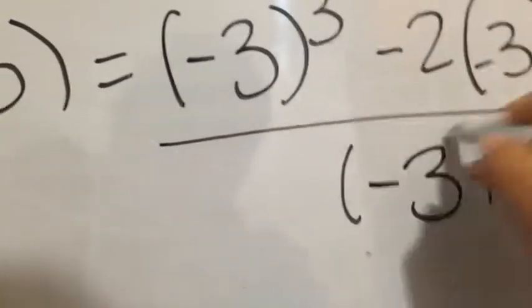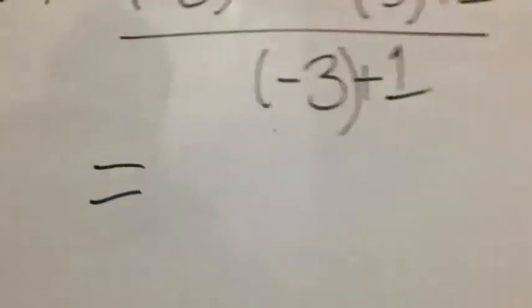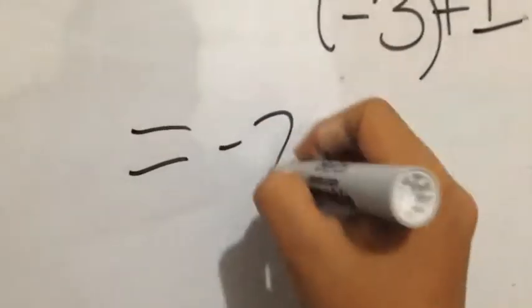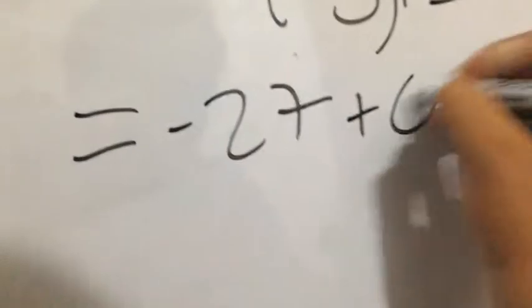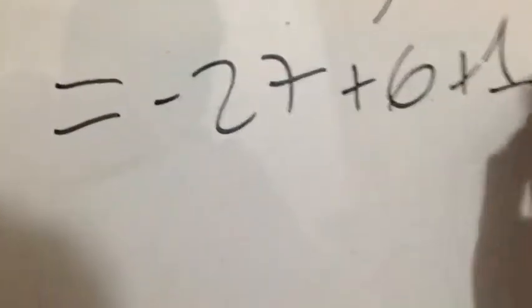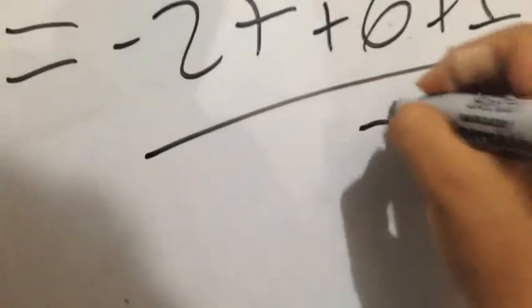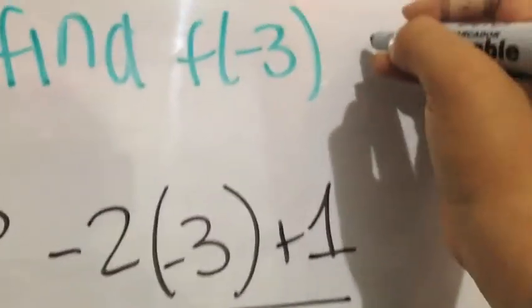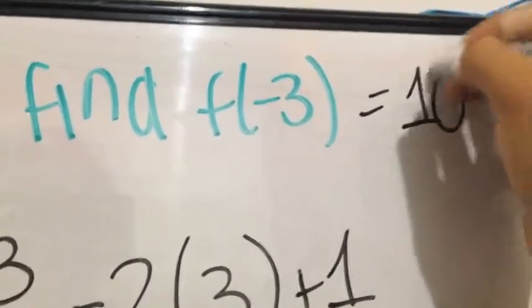Here we're going to solve it: negative 27 plus 6 plus 1, over negative 2. And this one is 10. So f of negative 3 is equal to 10.